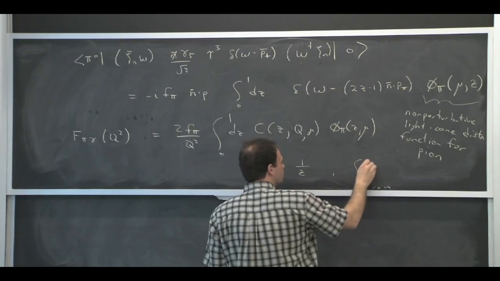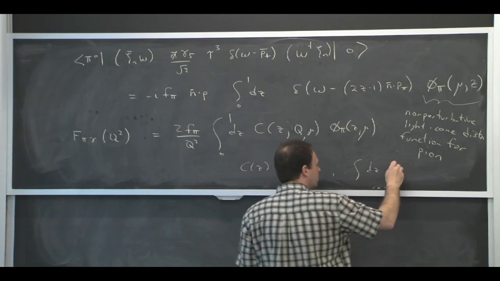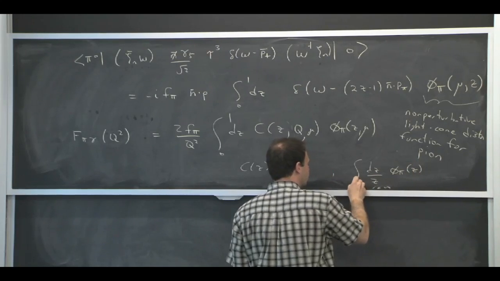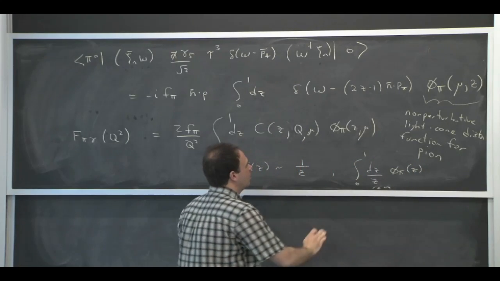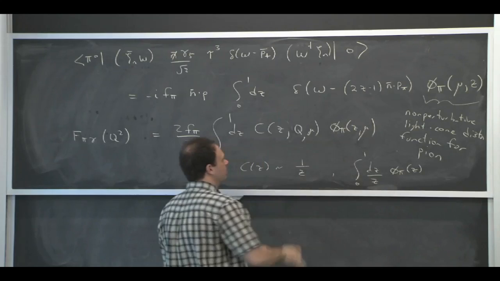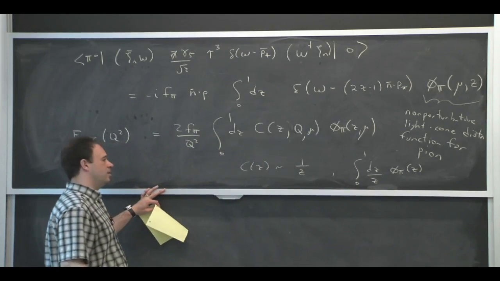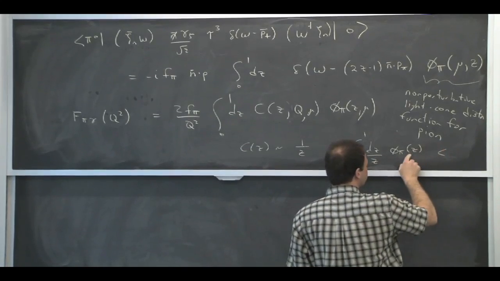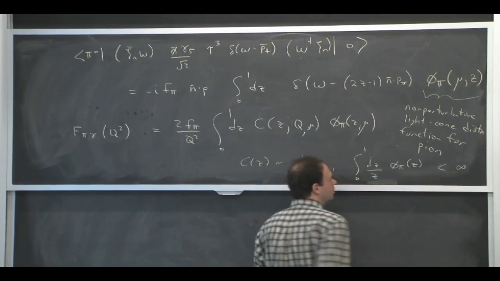So you get integrals that look like dz over z of phi pi of z. Say at lowest order, this integral would show up. And for this matrix element, you don't get anything worse than that. You never get 1 over z squared. And this integral here, because of properties of this phi pi, is finite.